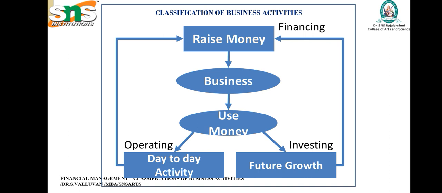Raising money through financing activities, it is funded to the business, and the business uses the money for operating activities and investment activities. So finance is a major component for a business to grow.